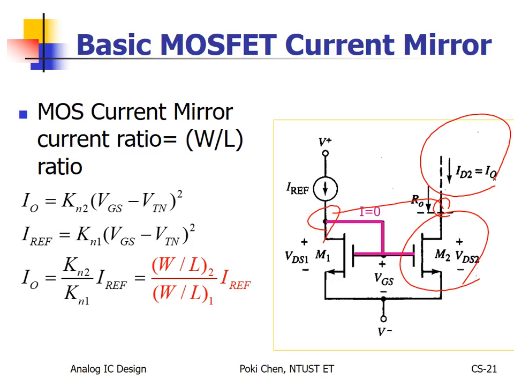No. Output voltage is supposed to be decided by the output load itself. You just provide me the current, then how much voltage I need, that is my business, not yours. If you control my current and my voltage, I promise you, no application will allow this.